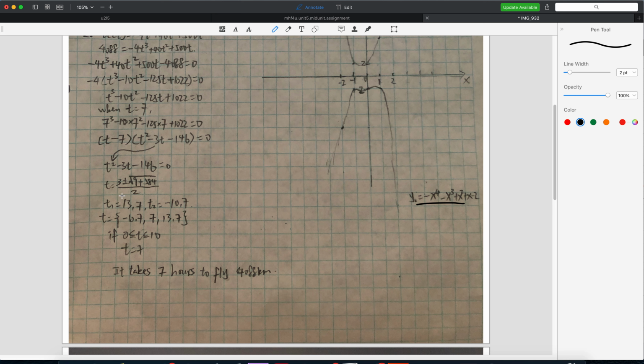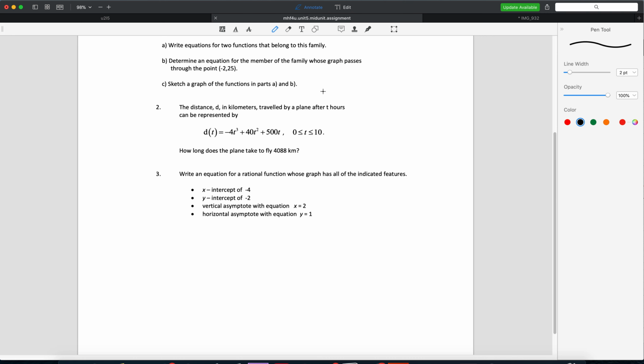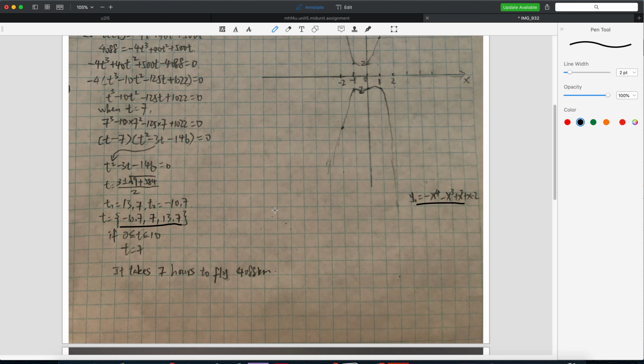We just use the formula to solve this equation. So that's my solutions, -10.7 and 7 and 13.7. As it said before, the t is in the interval of 0 to 10.